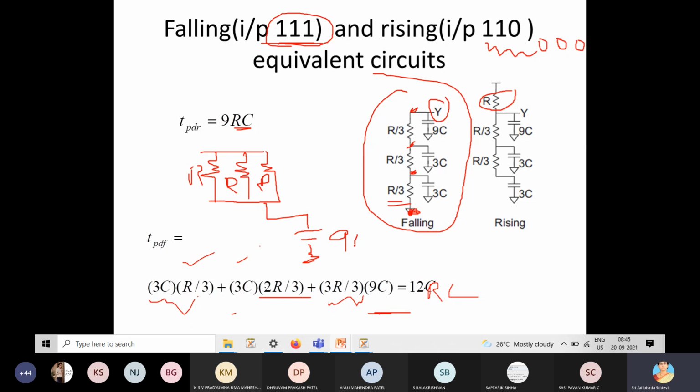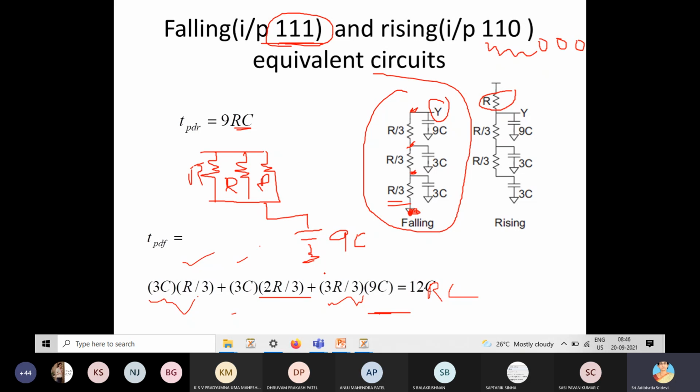This is my equivalent circuit, correct? Do you understand? For the input combination 0, 0, 0, the equivalent circuit is 3 resistors on the PMOS side, and no network is on in the NMOS side.